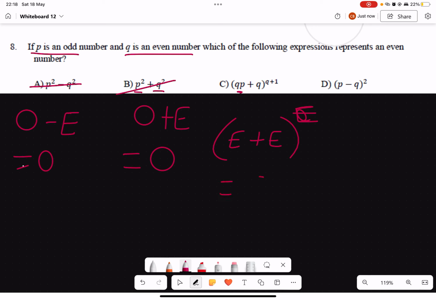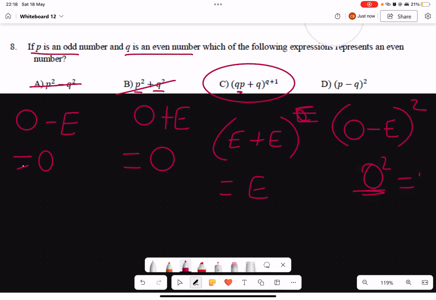So the answer will be even, so the correct answer is C. But let's just see D. On D, you have P, which is odd, minus even, squared. Odd minus even is odd, squared. Remember I said as long as the base is odd, the answer will be odd. So this cannot be correct. So the correct answer is C.